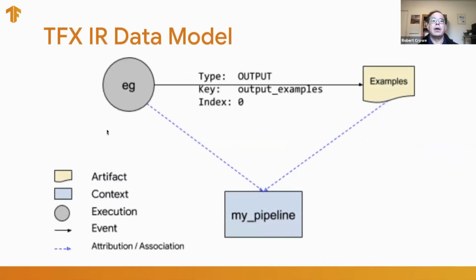We have an execution here of some node, and it produces an output, which is an artifact. This edge here is an event, and these are attributions or associations, depending on which one you're talking about, with a context, the pipeline run.